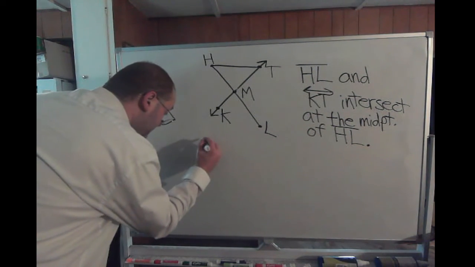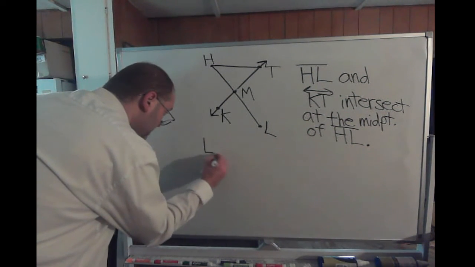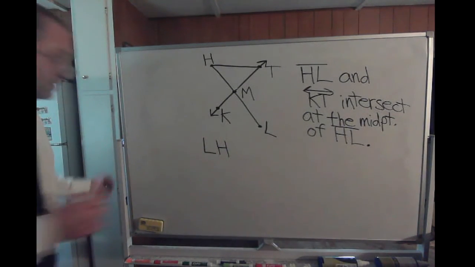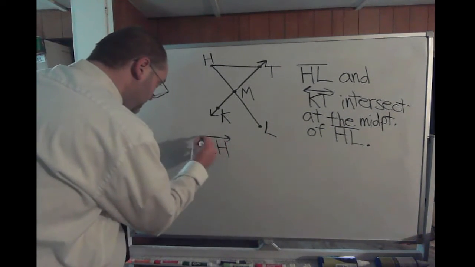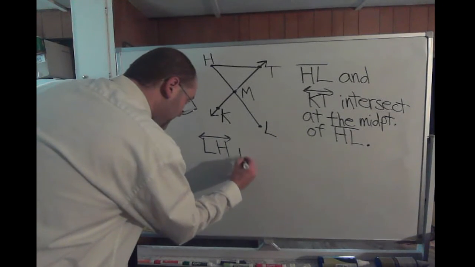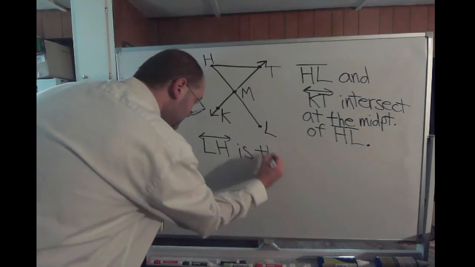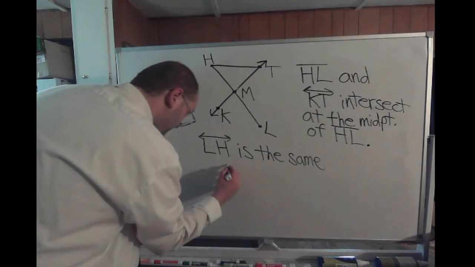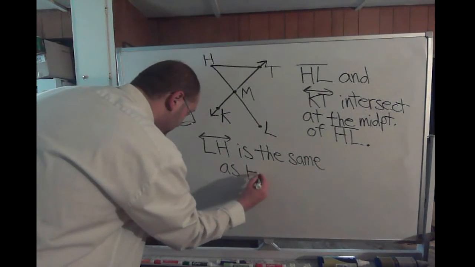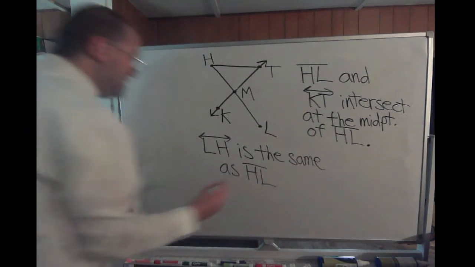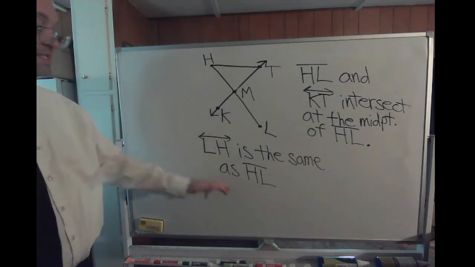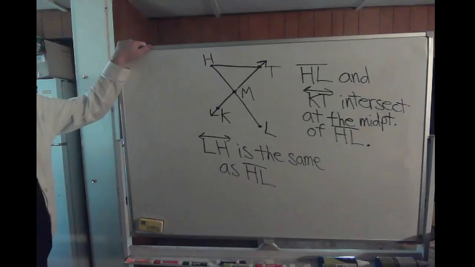Okay, what do we have here? Line LH is the same as line segment HL. So this is saying that the whole line LH would be the same as line segment HL.